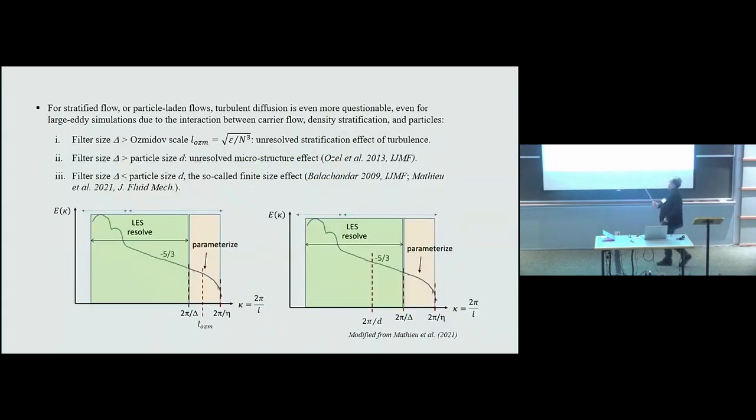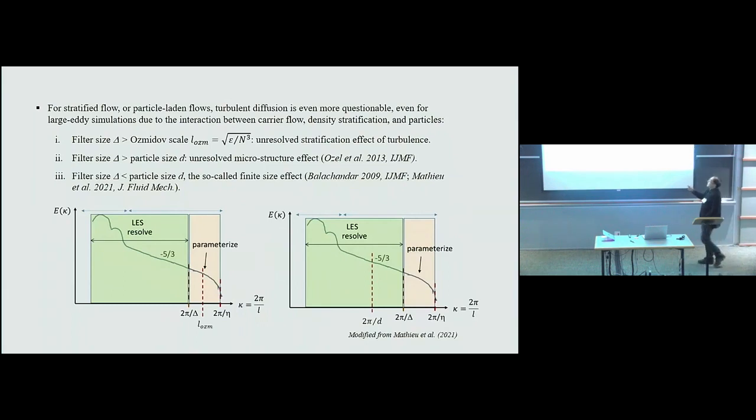Moving to more complex situations where you have density stratified flow or particle-laden flow, I think the turbulent diffusion type of concept for the subgrid parameterization is even more questionable. This is even true for some of the large eddy simulation applications.